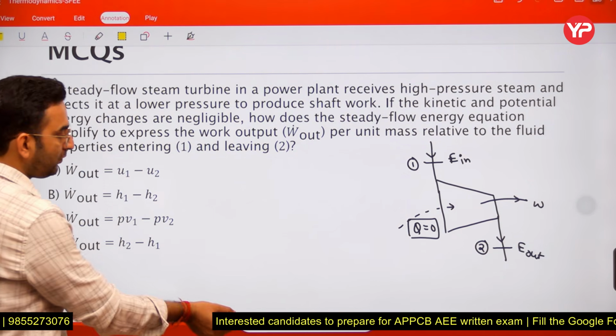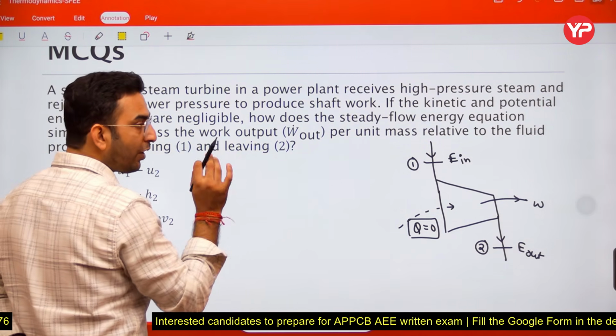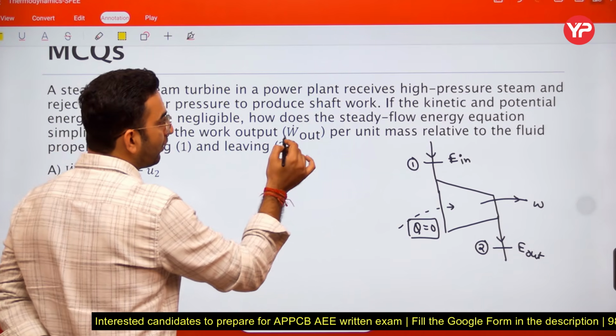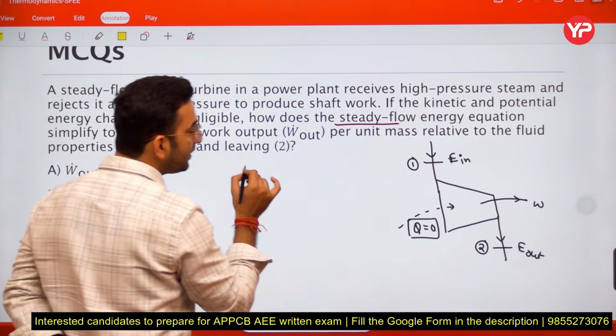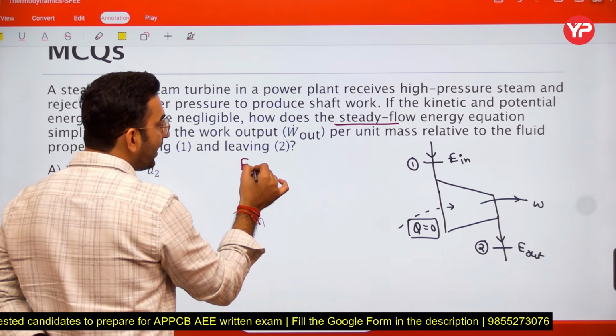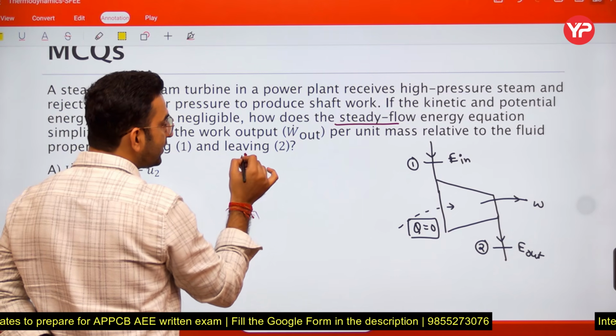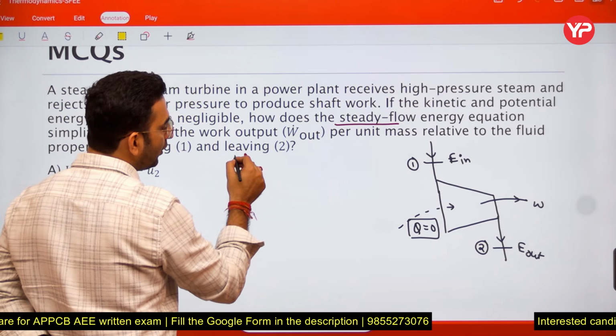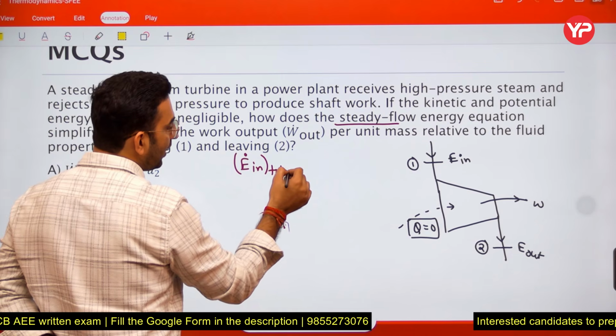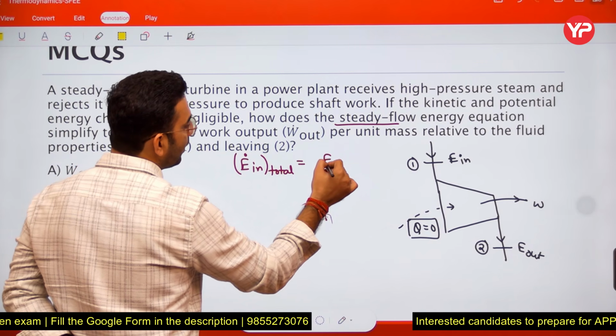Now, according to the steady flow energy equation, we are talking about a steady flow. What is the meaning of steady flow? The energy which is entering the system, the total energy, must be equivalent to the energy out.